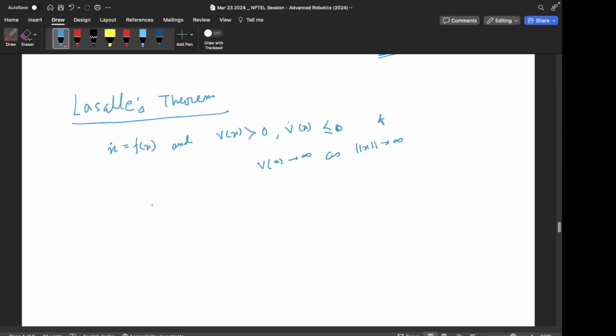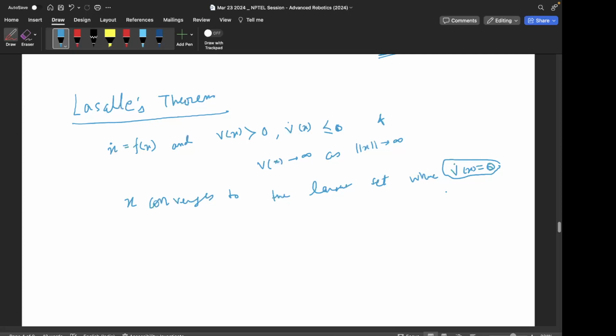In this case, if this is satisfied, then x, the state, converges to the largest set where V dot(x) is 0, right? So if these three things are satisfied, then x will converge to the set where V dot(x) is equal to 0.